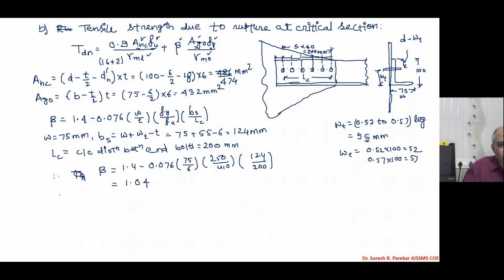Now we will substitute this value and we will get Tdn equal to 0.9 into Anc 474, Fu 410, gamma ML 1.25, plus beta 1.04 into Agt 432, Fy 250, divided by 1.1. And we will get this value, just let me calculate it.